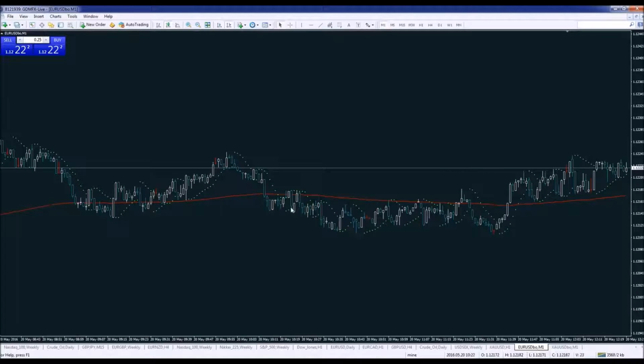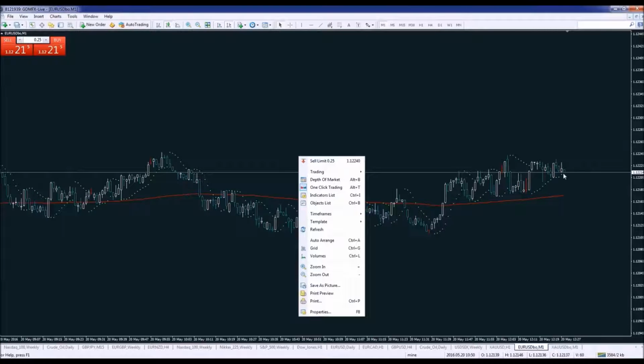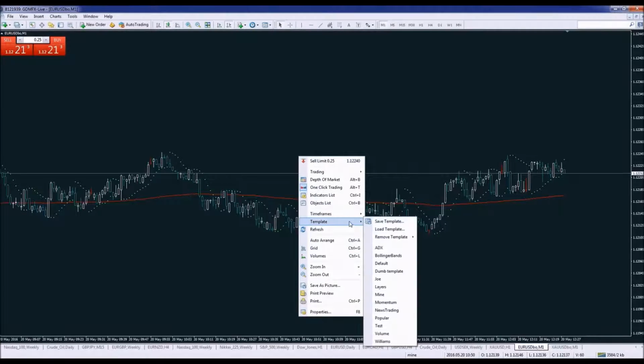That's why we need them to be a bit more frequent. Those parabolics need to appear above or below the current price more frequently, rather than something that is going to take a little bit too long to generate anything for us.